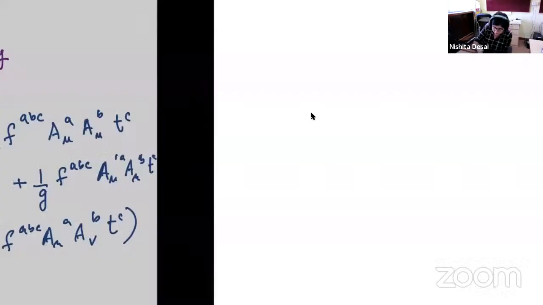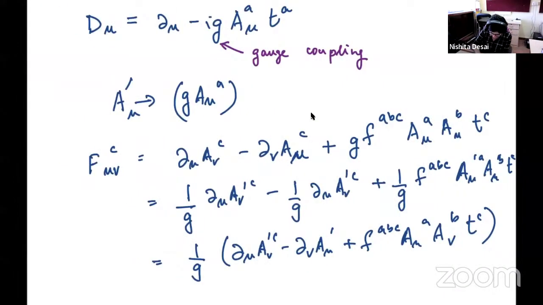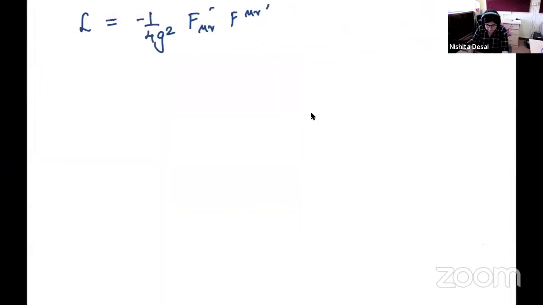And then if you write your Lagrangian, then that looks like 1/g squared. Okay, so both of these notations are right. So you can either write it as minus 1/4 F_mu_nu, or 1/g squared F_mu_nu prime, or well, without the primes.